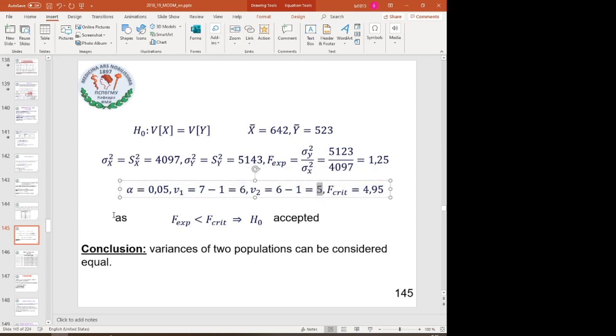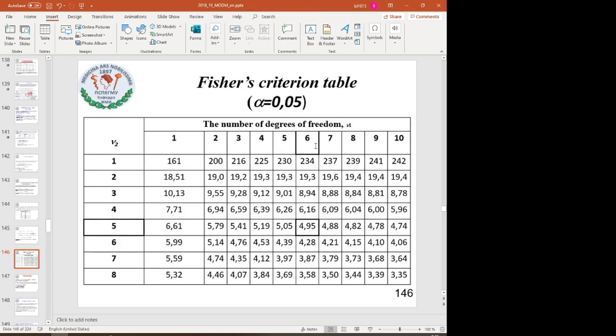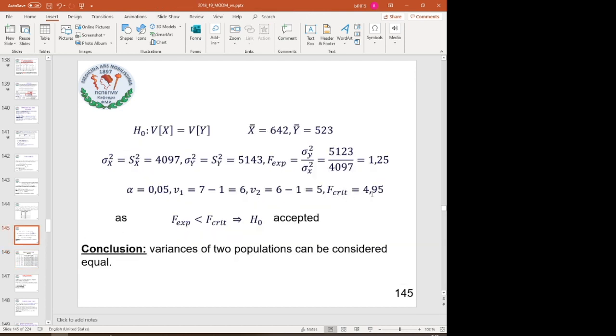So the control group has degrees of freedom of 6, and the intervention group has degrees of freedom of 5, and we take the 6th column and 5th row, and our critical value is 4.95. We compare our experimental value of 1.25 with 4.95, and the experimental value is not big enough to be greater than critical.